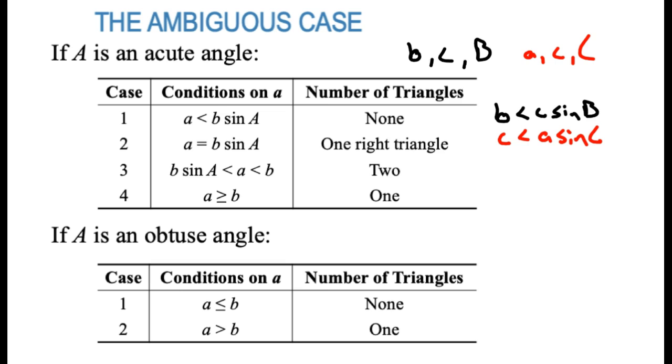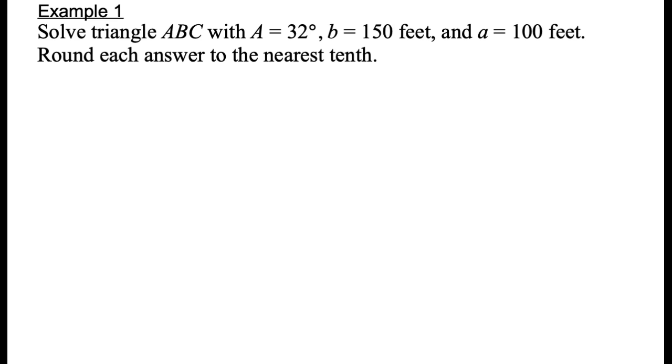In example 1, we are given angle A to be 32 degrees, side B to be 150 feet, and side A to be 100 feet. First, let's sketch out what we have.